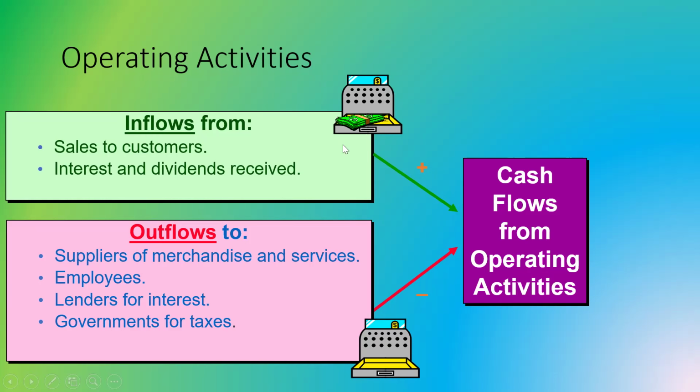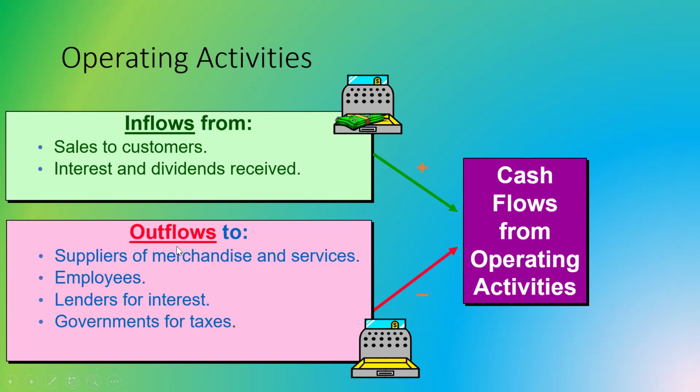Sales to customers is the main source of income for most businesses. However, interest and dividends received are some extra cash from investments. For example, the company might earn interest on savings and receive dividends from shares they own in other companies.